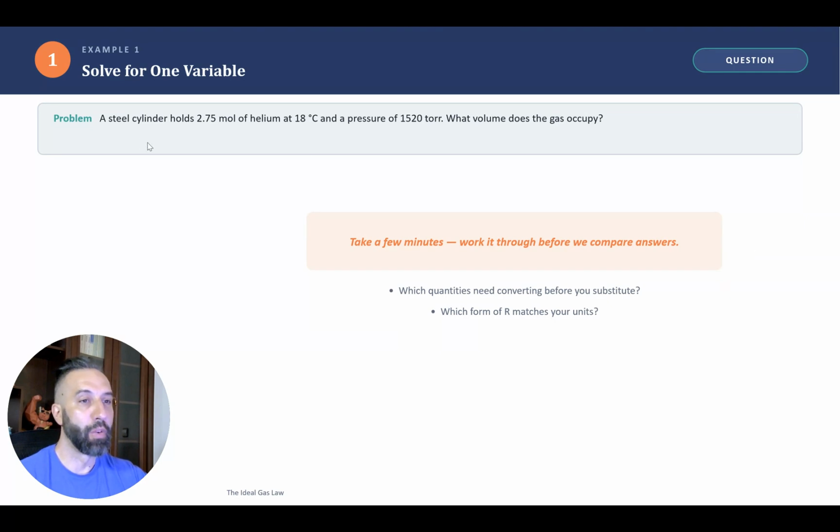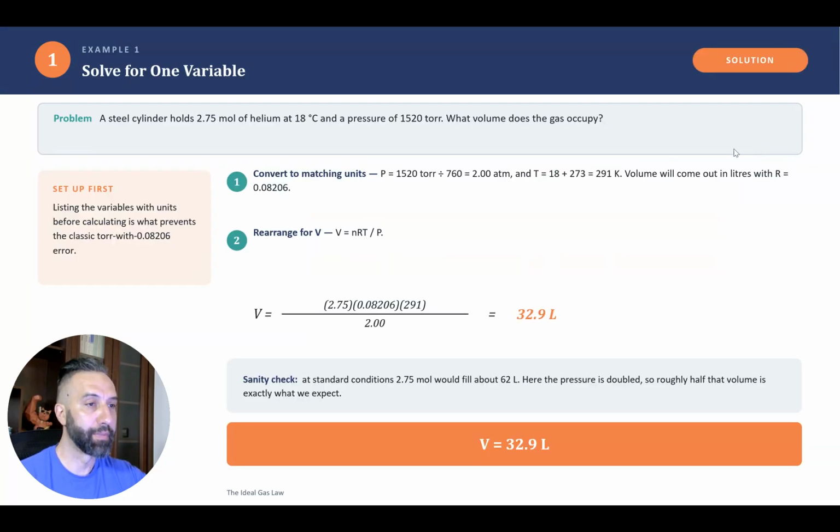My favorite part. So a steel cylinder holds 2.75 mole of helium at 11 degrees Celsius and a pressure of this many torrs. What volume does the gas occupy? So this is basically just plugging this into the ideal gas equation. So PV equals nRT.